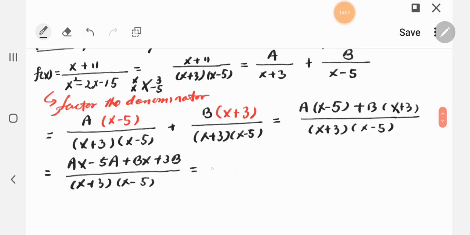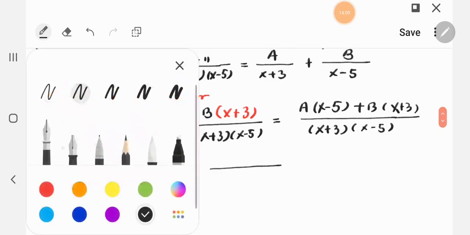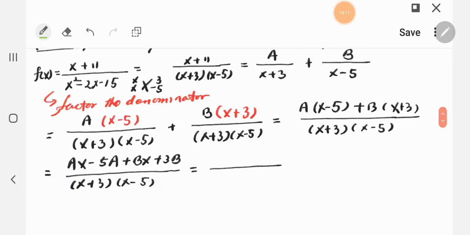Okay, and then look at this. We have the same denominator, x plus 3 and x minus 5. Let me rewrite the denominator first.